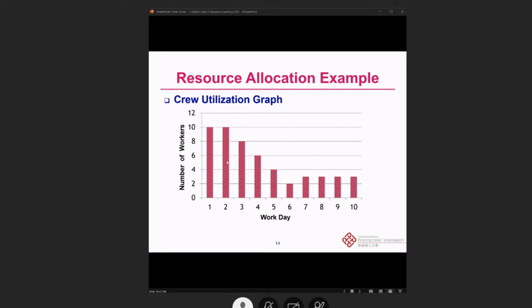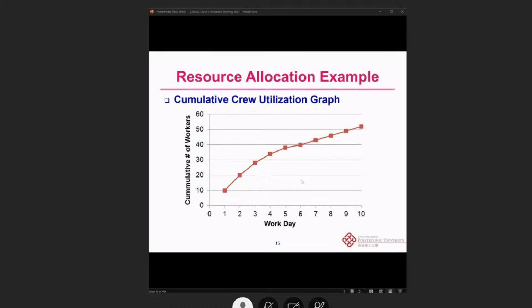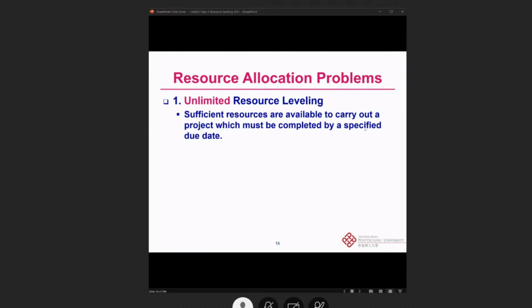It shows the same information: day 1 and day 2 need 10 workers, day 3 is 8, day 4 is 6, day 5 is 4, something like that. And finally, we can also do the cumulative crew utilization graph; by day 10, we probably need 52 or so cumulative workers for this project.